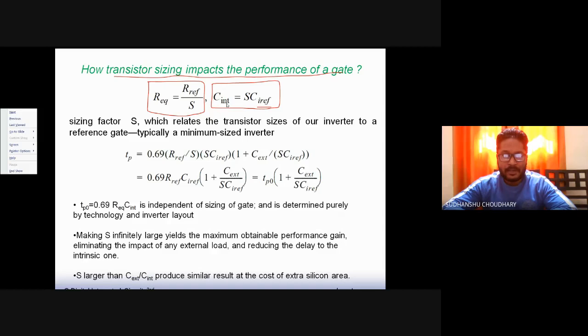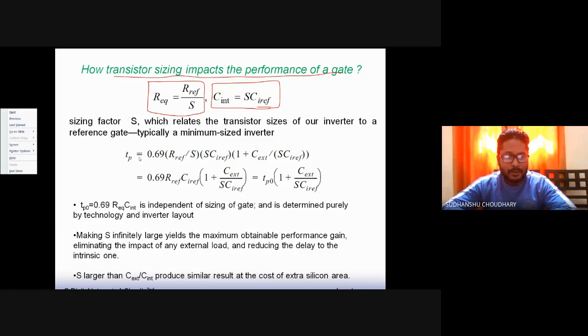So C intrinsic scales up by S times the capacitance of the reference inverter. Similarly, equivalent resistance of the inverter reduces by a factor of S.